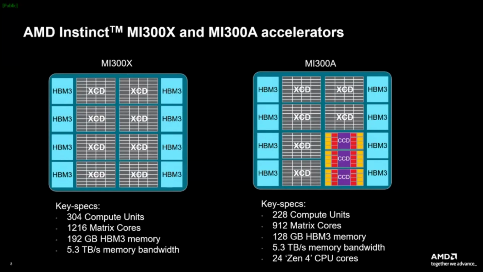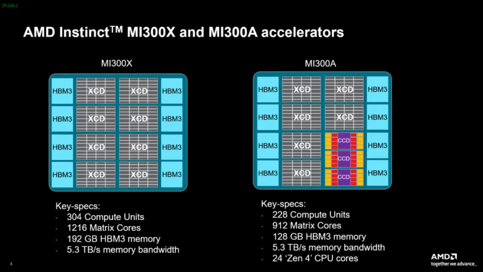So you have individual smaller GPU chiplets that contain the compute units for the GPU, referred to as XCDs. And the MI300X basically has 8 of those XCDs on a single device, surrounded also by HBM3 memory. So this overall leads to 192 gigabytes of HBM3 memory and 5.3 terabytes per second of memory bandwidth. So that's the discrete GPU version.